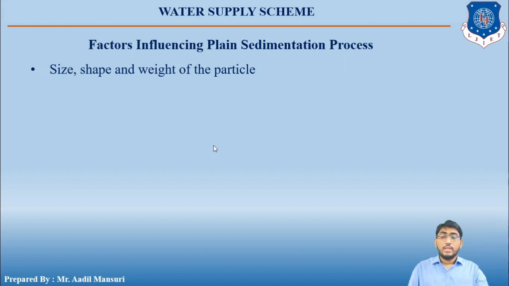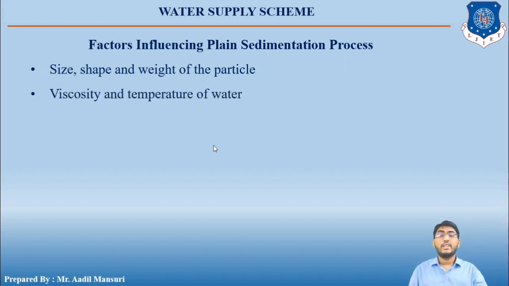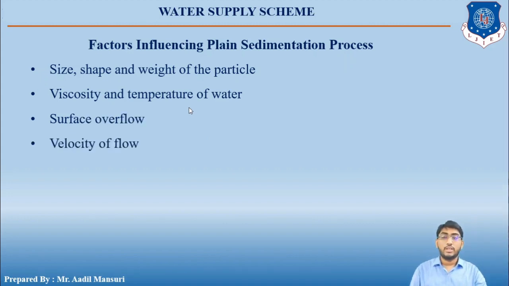Okay, next is viscosity and the temperature of the water, right? Third one is the surface overflow, then the velocity of the flow. If the velocity of flow is more, right, then it will get less time for the settlement, hence the particles will not settle easily.